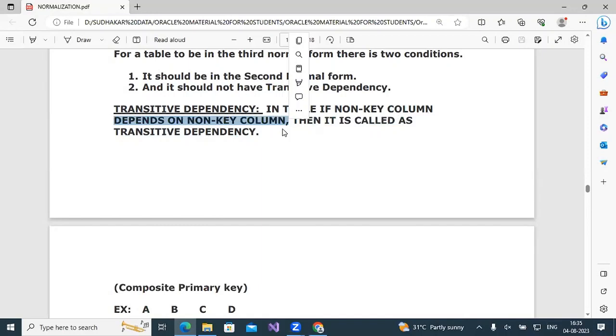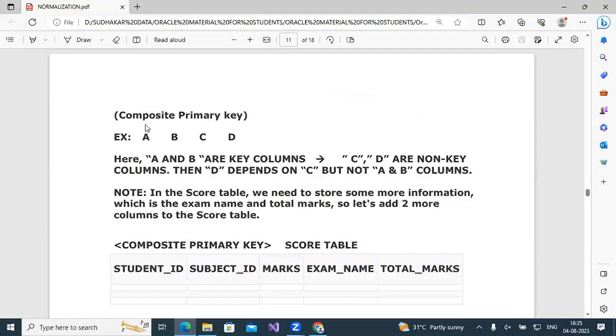A non-primary key column depends on another non-primary key column, and then we call it a transitive dependency. If these two columns depend on each other, then the columns are called transitive dependencies.